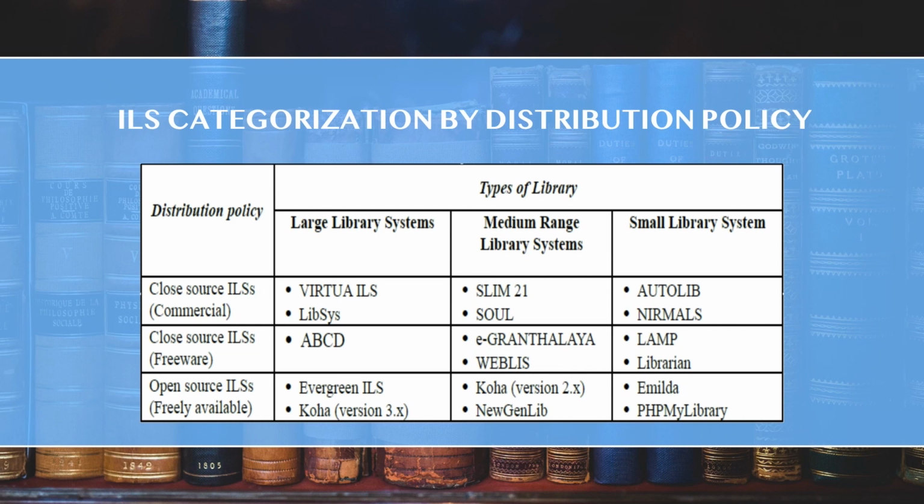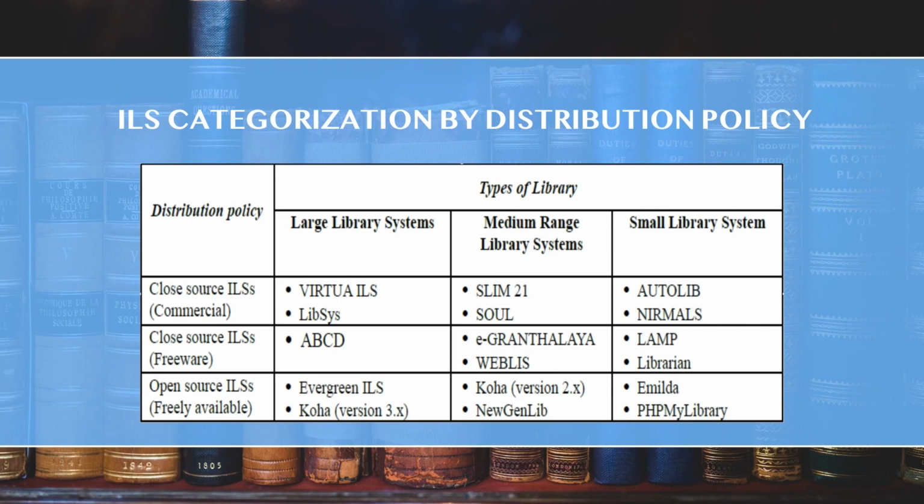LAMP is again a menu-based system meant for small scale libraries. It is developed on top of CDSIC's version 3.0. So Librarian is there. Again, you can download Librarian free of cost, but the source code is not available with us. So this is the classification of available ILSs in India as per the distribution policy.